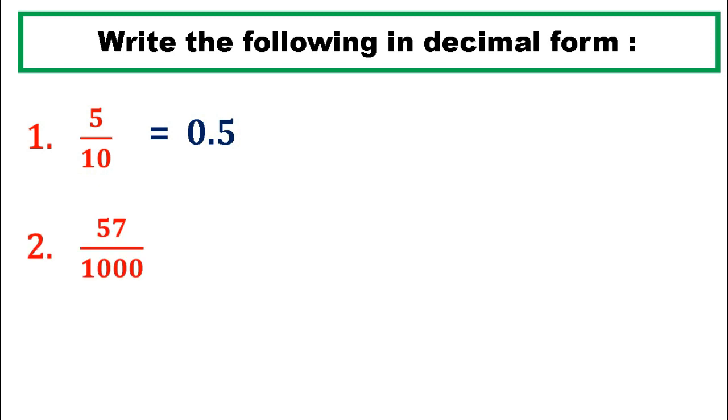0.5. The next decimal fraction is 57 by 1000. Since here the denominator is greater than the numerator, so we will first write the numerator 57. Next, we will count the number of digits in the denominator.